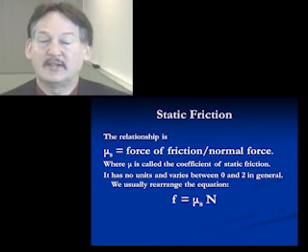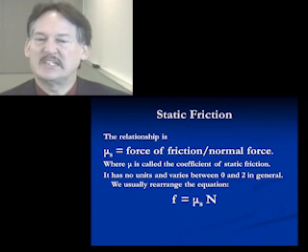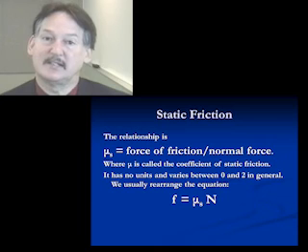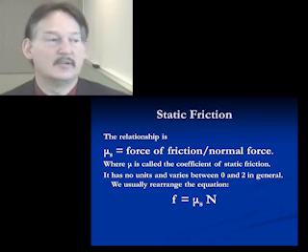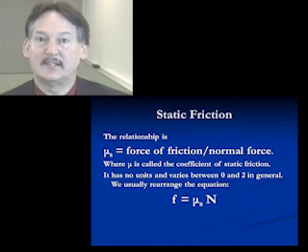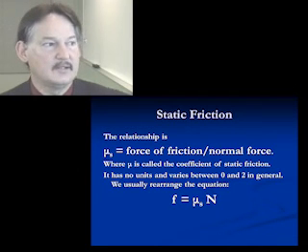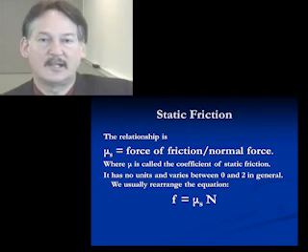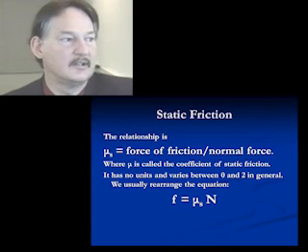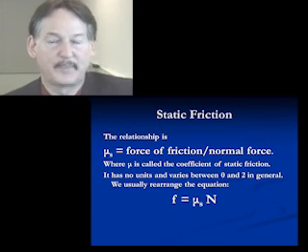A car tire on a warm, sort of sticky asphalt pavement has a high coefficient, meaning it's sticking to the road more easily than, say, a tire on a road covered with a slick of water. There's a low value of mu. So we're going to use this equation as an expression of the frictional force.